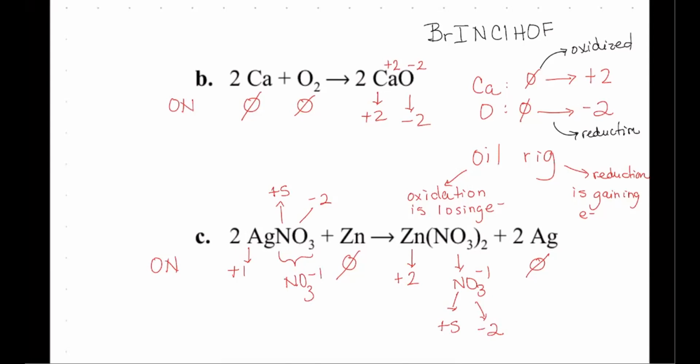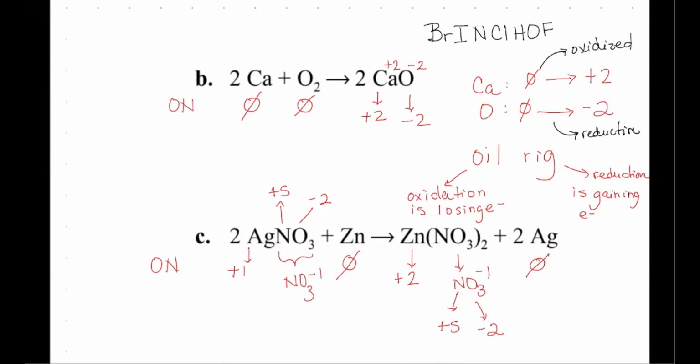Okay, who got reduced? Excellent, the silver. How do you know that the zinc is what got oxidized? Look, it has a positive number, it got oxidized. Exactly.